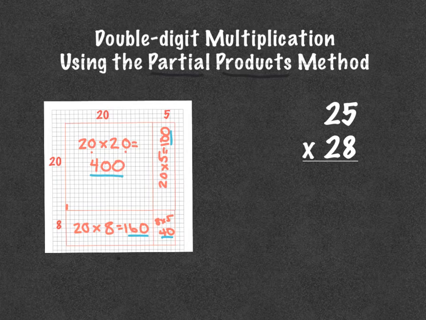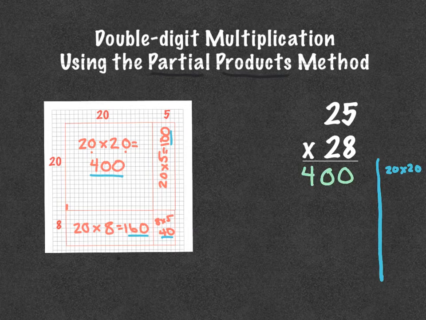So we use our 20 times 20, and I'm going to write this off to the side and draw a little line to keep it separate from our problem. 20 times 20 would be 400. So we take this 2, which is really a 20, and multiply it times this 2, which is really a 20.